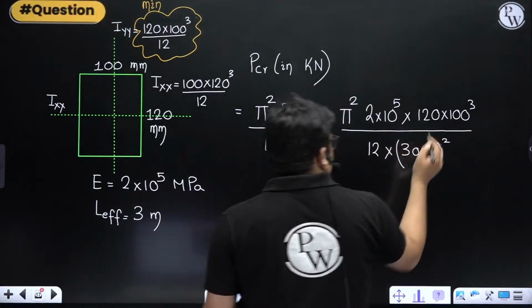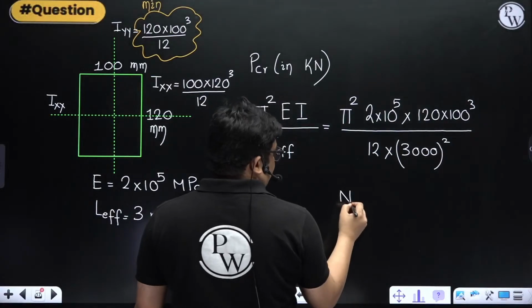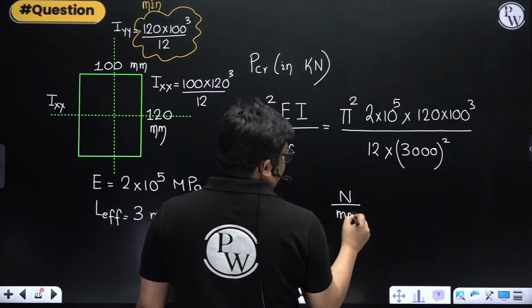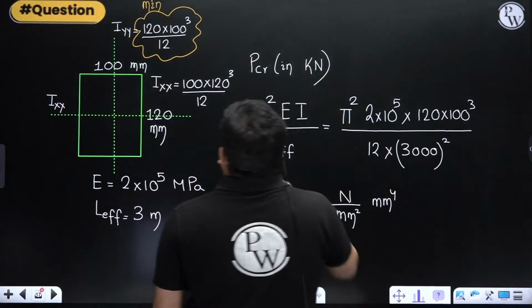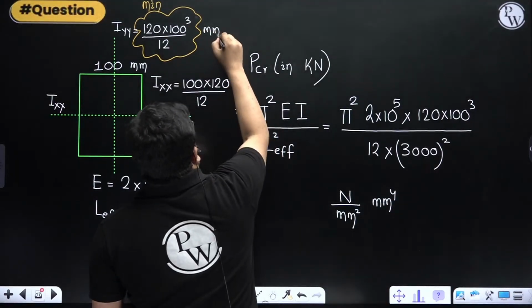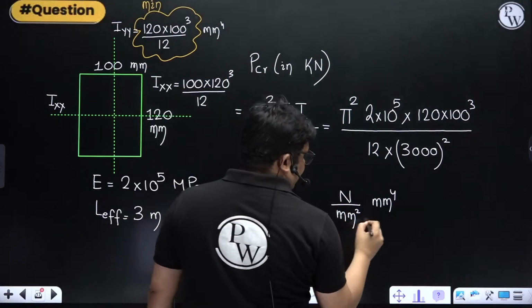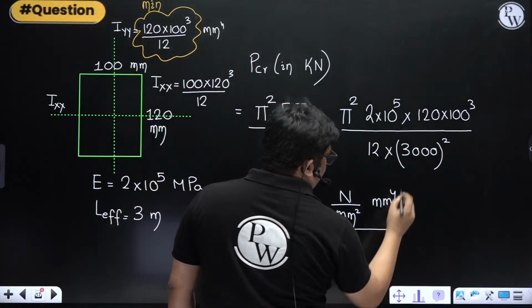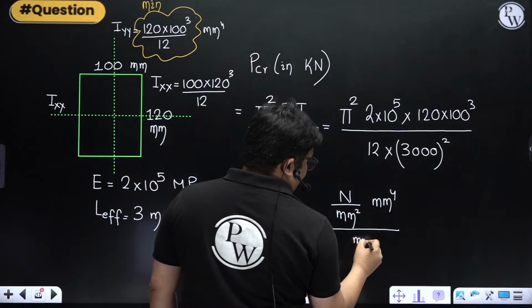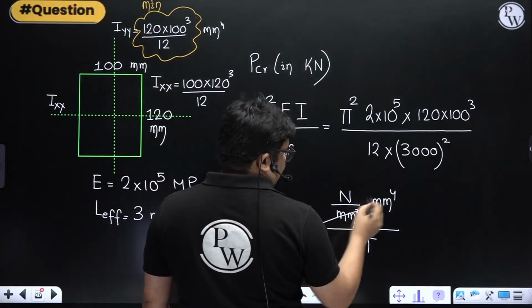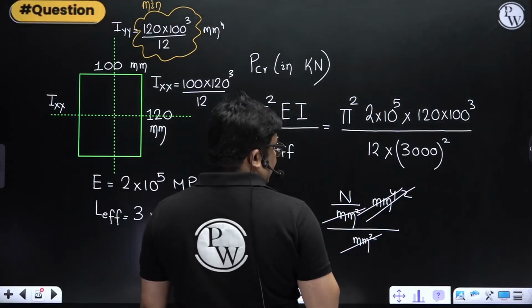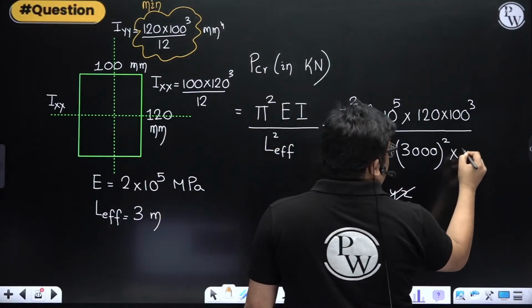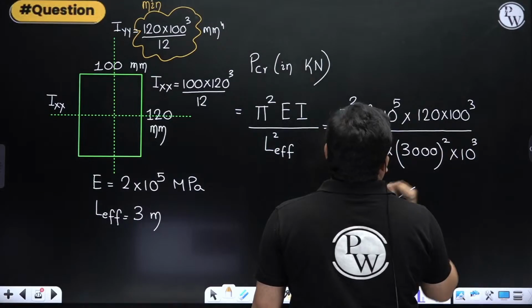If I see the units, E is in Newton per mm square, I will be in mm to the power 4, and this is in mm square. So this gets cancelled, this becomes square, and then again this gets cancelled. I get the result in Newton. If I want it in kilonewton, I'll divide by 10 to the power 3.